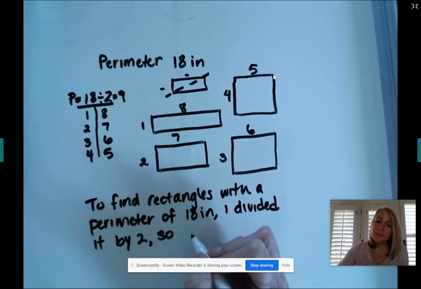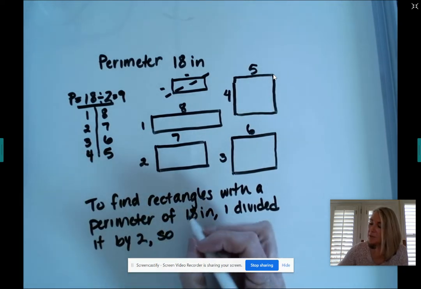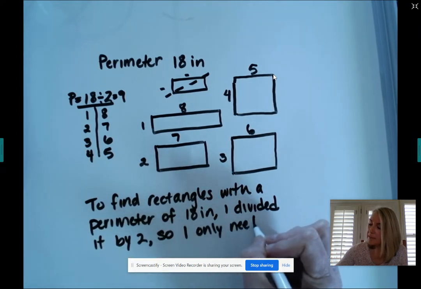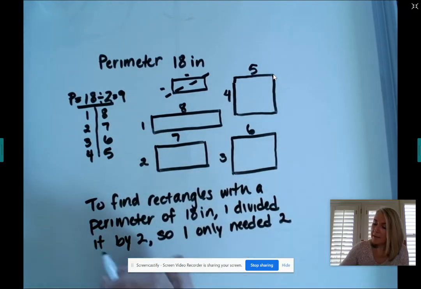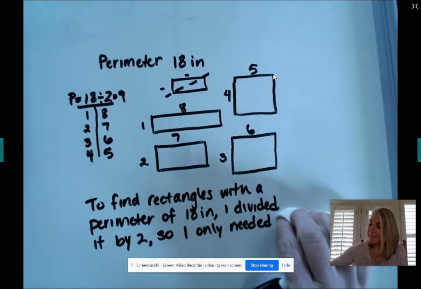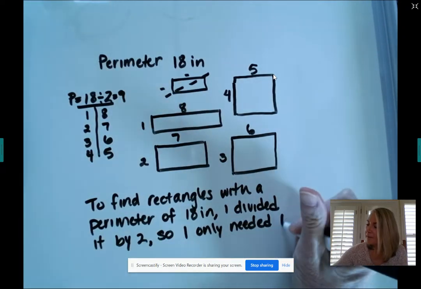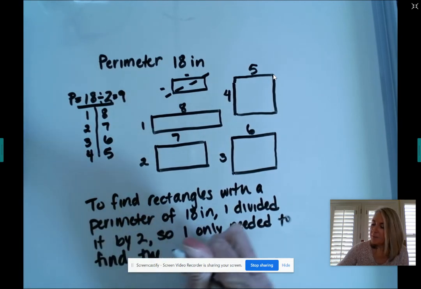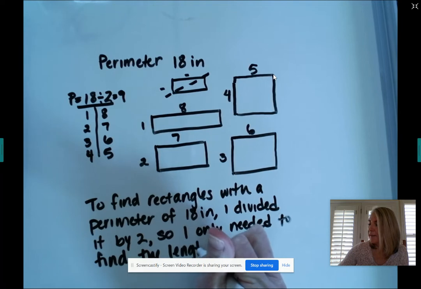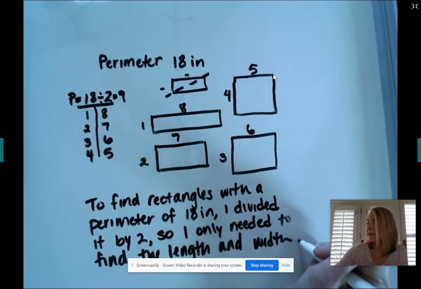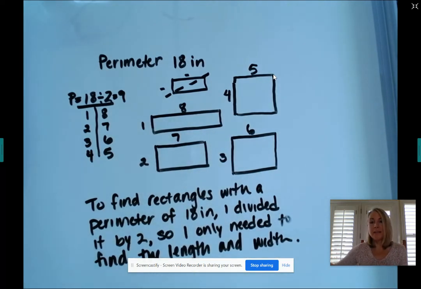So I only had to add up 2 side lengths. So I only needed to find the length and width. Okay, that way it would double when we actually did the calculations.